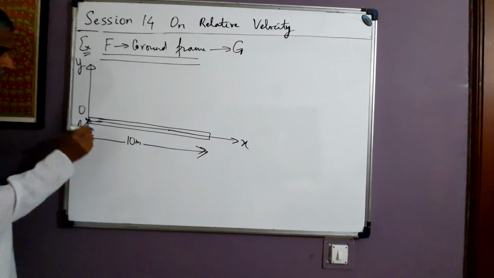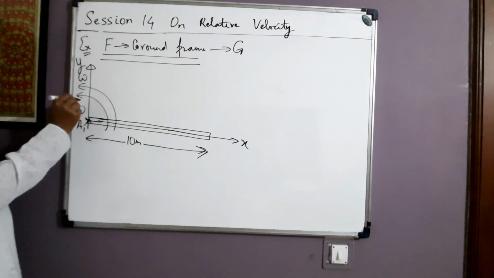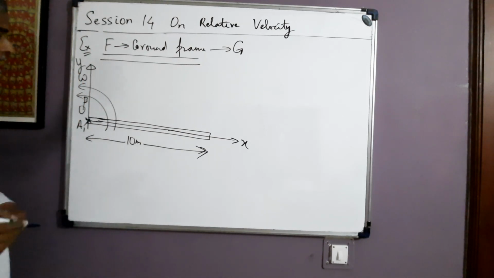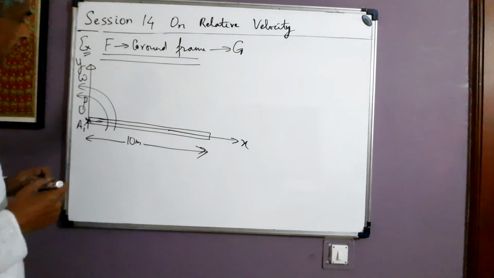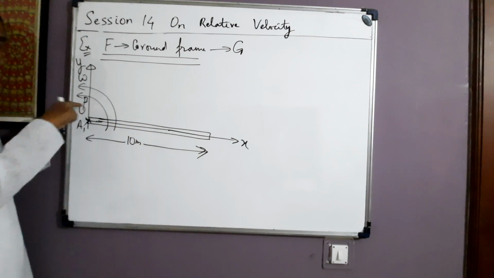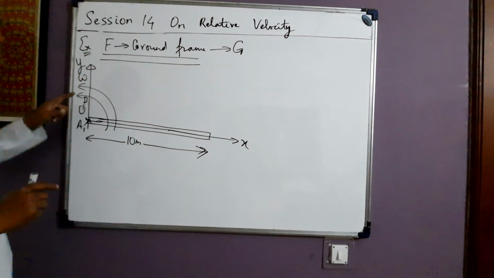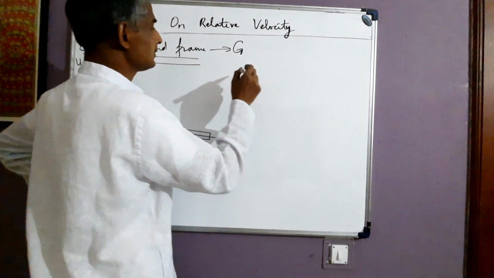So the rod is rotating with respect to the ground. It has some angular velocity omega and some angular acceleration beta. Omega is the angular velocity of the rod with respect to the ground at time t, and beta is the angular acceleration of the rod with respect to the ground at time t. Both are with respect to the ground and both have an anti-clockwise sense.